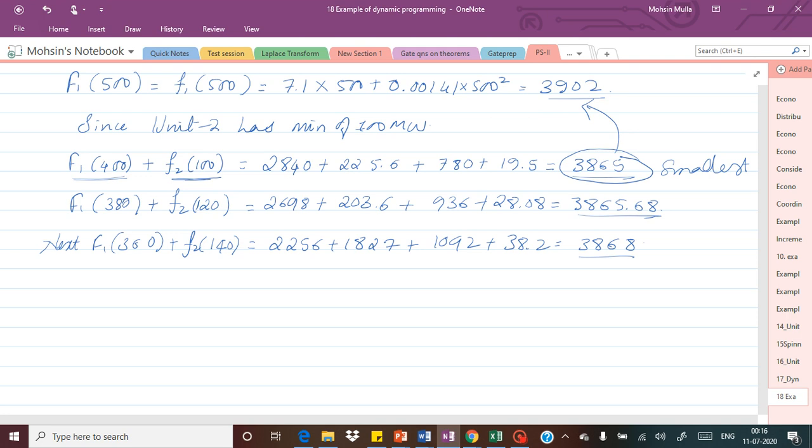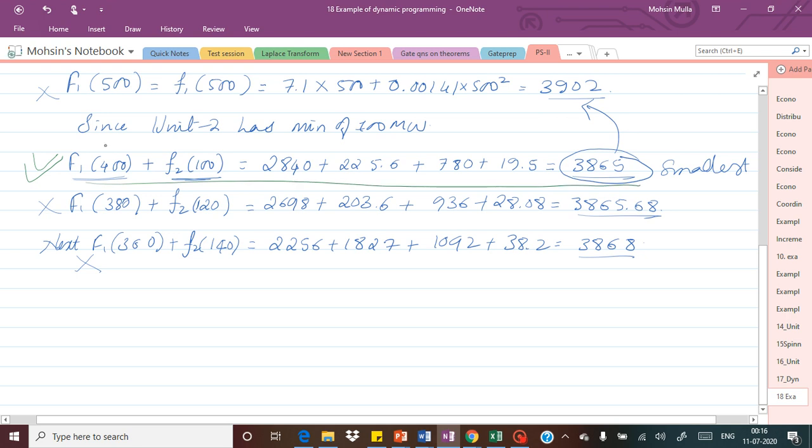So for 500 megawatt, the combination F1 400 and F2 100 is the most economic combination. The other combinations are rejected, and the individual unit is also rejected. Only this combination is selected.